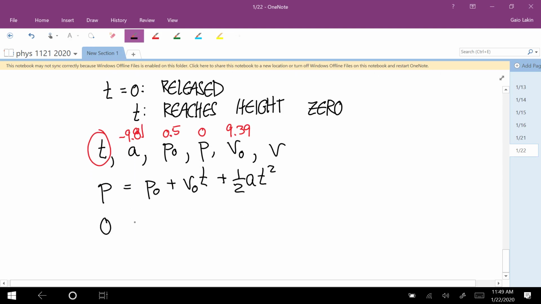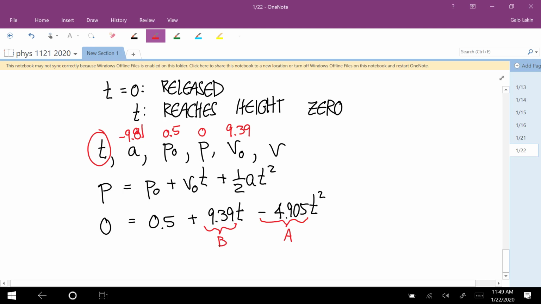So you get 0 is equal to 0.5 plus 9.39 t minus 4.905 t squared. And how do you solve that for t? Quadratic formula, yep. So this is your A, this is B, and this is C. Has anyone done that already?